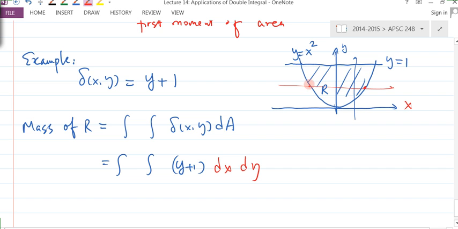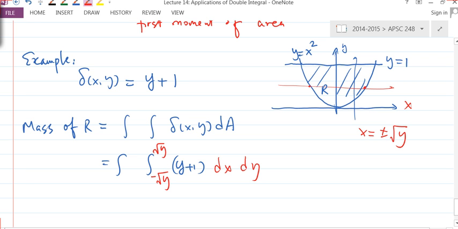Here y equals x squared, which means x equals plus or minus root y. So for this side it should be negative root y, and for that side it should be positive root y.